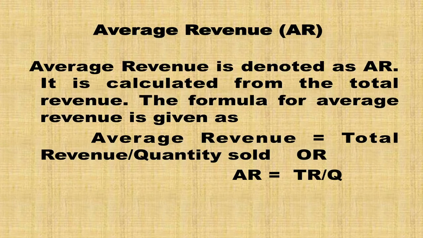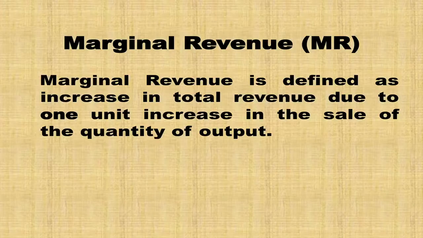Symbolically, AR equals TR upon Q, and since TR is nothing but P into Q, Q is repeated in the numerator and the denominator, and we get AR is nothing but price itself. Average revenue and price of the commodity are hence one and the same.